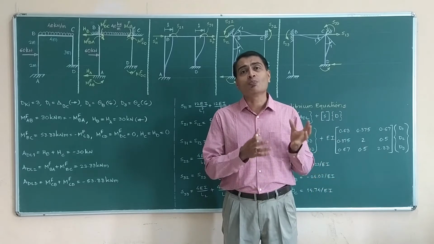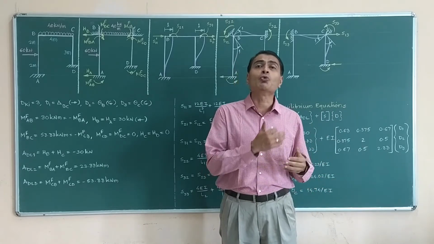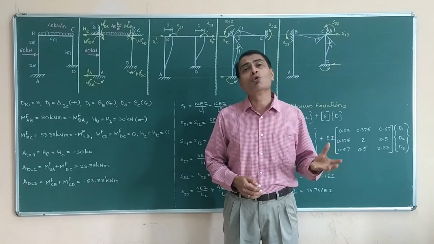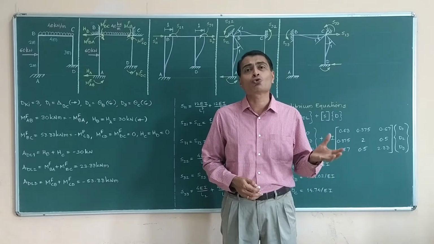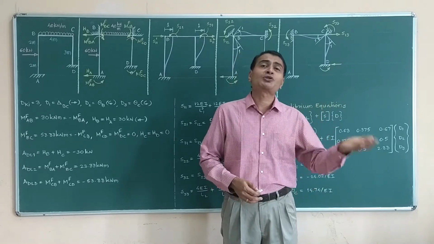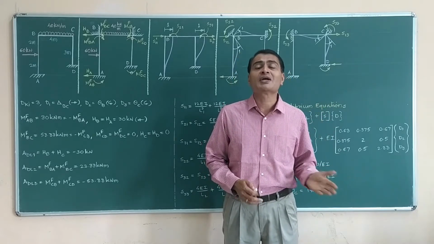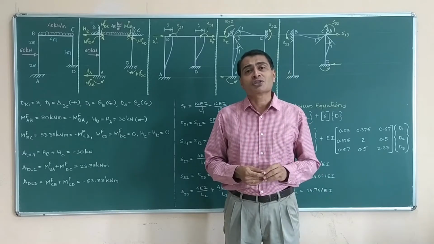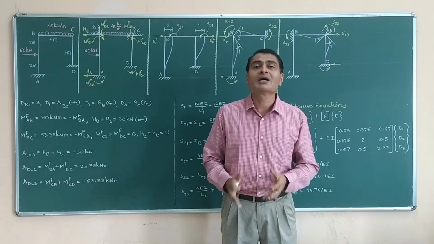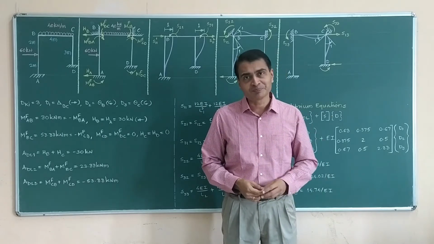And then those base shears we have to convert into equivalent end moments. That is, we have to eliminate base shears, express an equation in terms of equivalent end moments, and then we get as many equations as the number of unknowns, and then we can finish the problem.